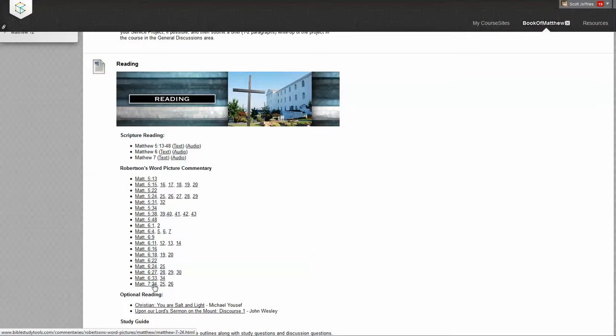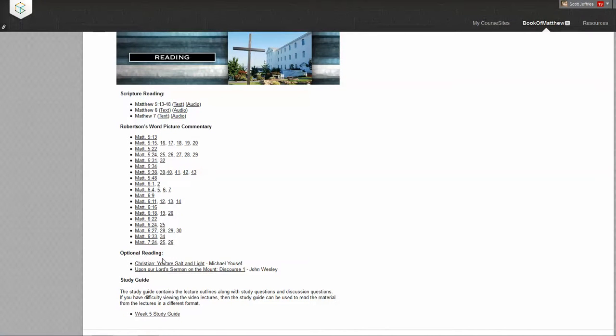And so that's what these are. These are links to the commentary for particular passages from Matthew 5, 6, and 7. So this is kind of the second portion of the text, if you will. This is something that's available online for free, kind of a public domain option, but it's a pretty good commentary, a pretty scholarly piece of literature.